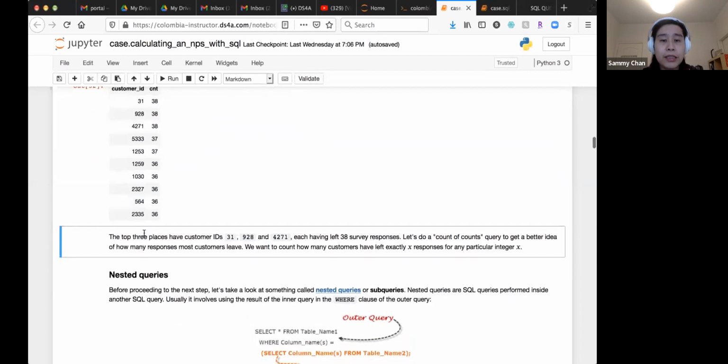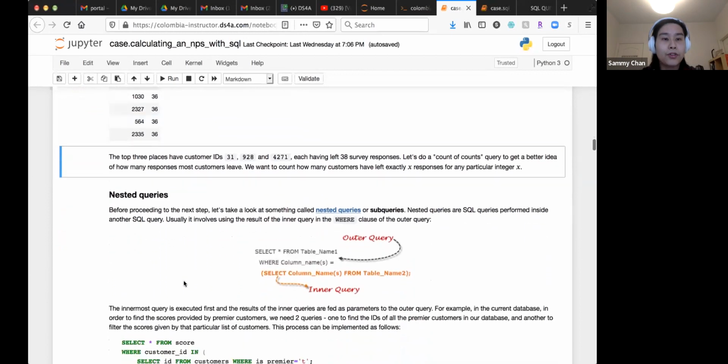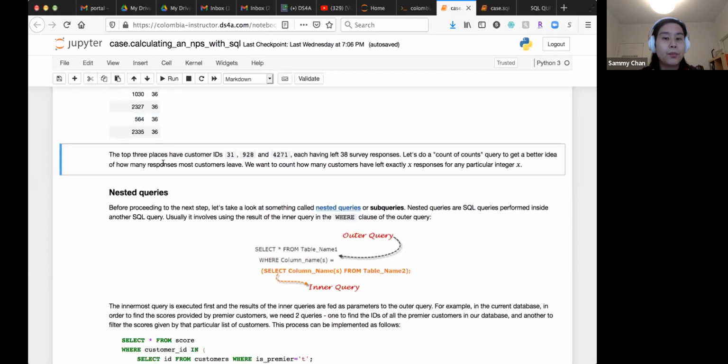But then the next step, what we want to do is a count of counts, just to see what scores most customers leave us.